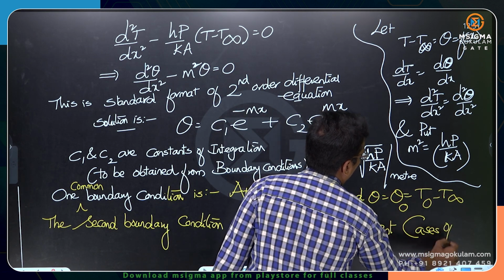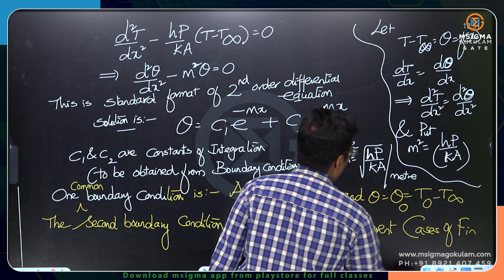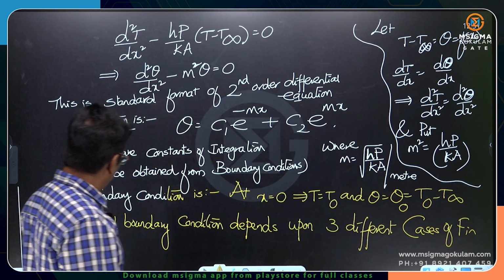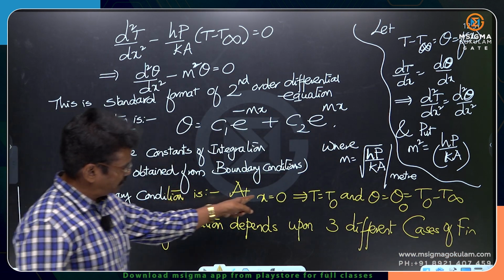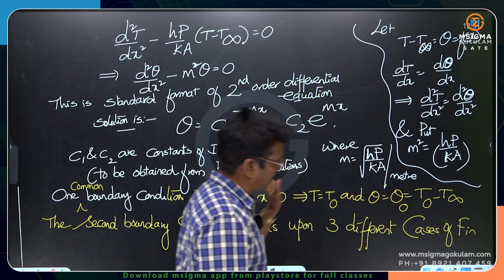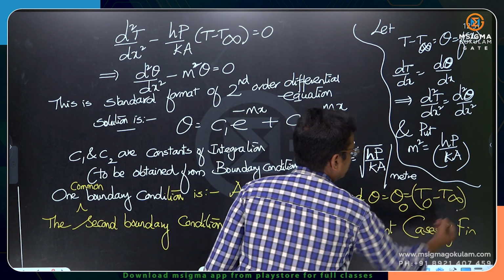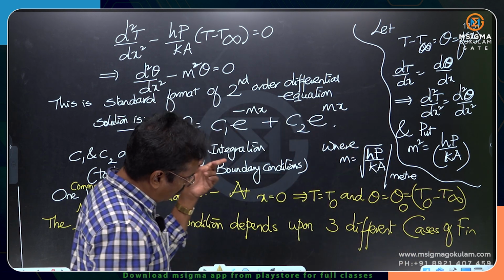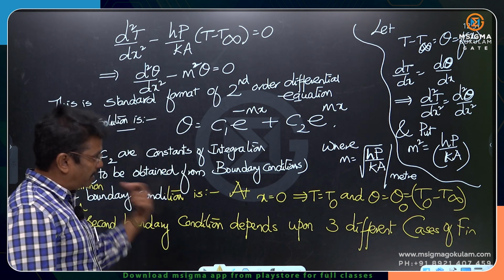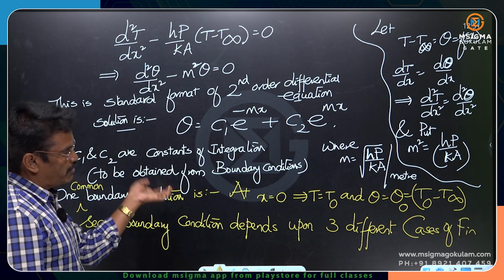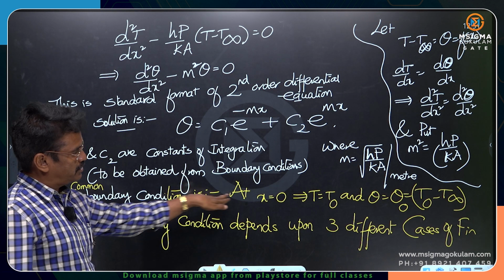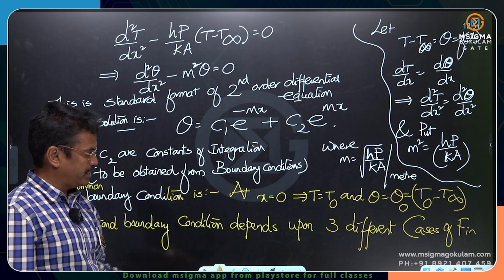For all the three cases, this is a common boundary condition: at x is equal to 0, theta is equal to theta naught. For all the three cases, this is fixed. But for each case, the second boundary condition will be different.